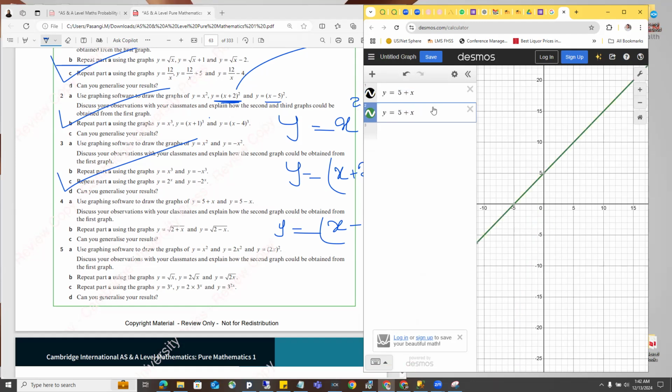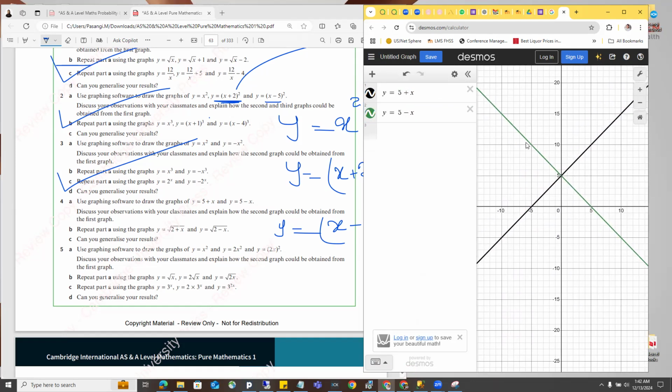What do you think will happen? Again, only the difference is the gradient has become negative. The gradient has become negative, which means these ones will look like this. See, that's how it is. So 5 minus x. Okay, that is there.